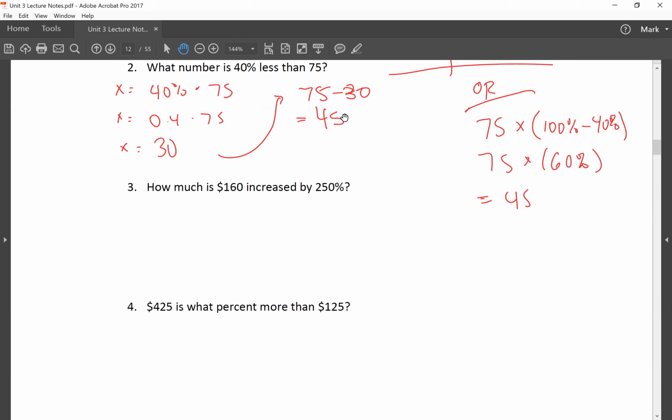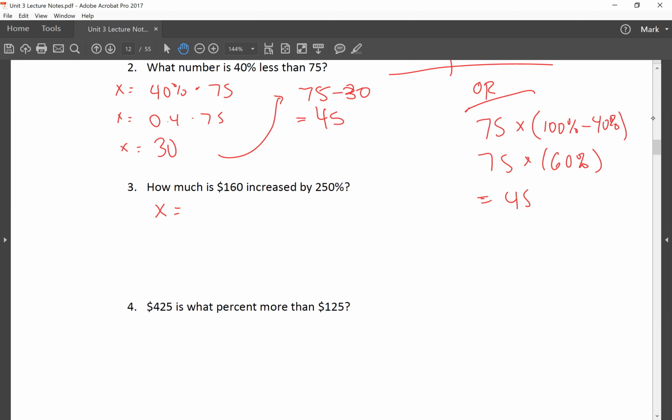So let's look at number 3. Number 3 says, how much is $160 increased by 250%? Okay, so the first thing you need to do is to figure out what is 250% of 160.